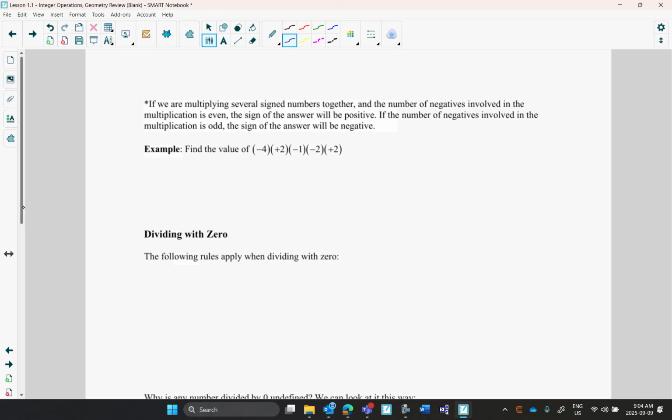If it's an even number of negatives, every 2 negatives multiplied is going to make positive. So if you have 2 negatives in there, the answer is going to be positive. If you have 4 negatives in there, the answer is still going to be positive. So is this one positive or negative? And then you just multiply like the signs aren't even there. 4 times 2 times 1 times 2 times 2. 8, 16, 32. Good.